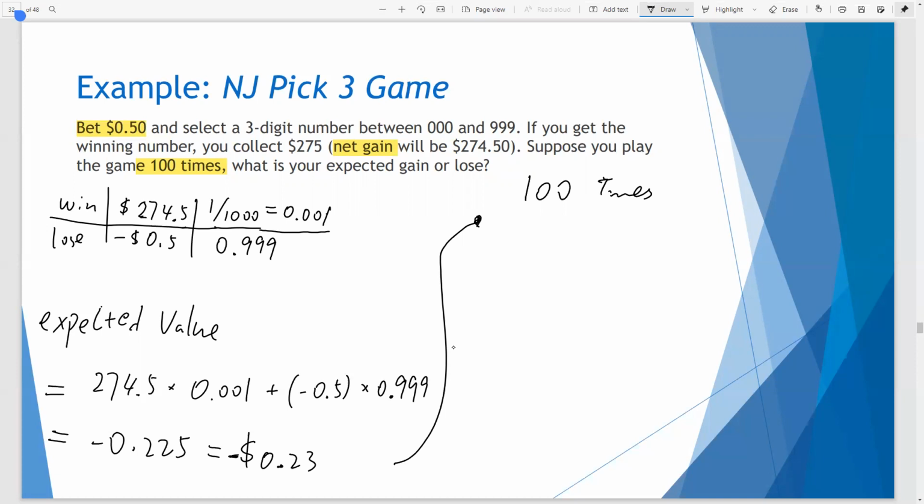That proportion is already ideal, so the multiple plays going to the law of large numbers is still the ideal case. So you expect to lose $23. You could also use 22.5, so that will be $22.50. Either one is okay, not that big off.